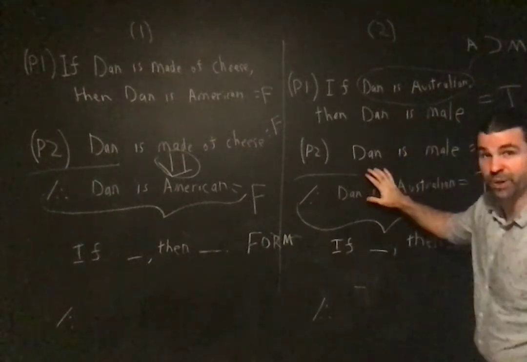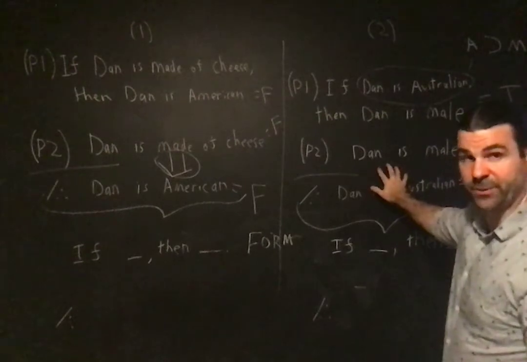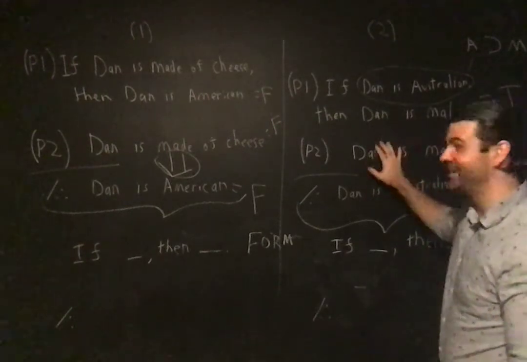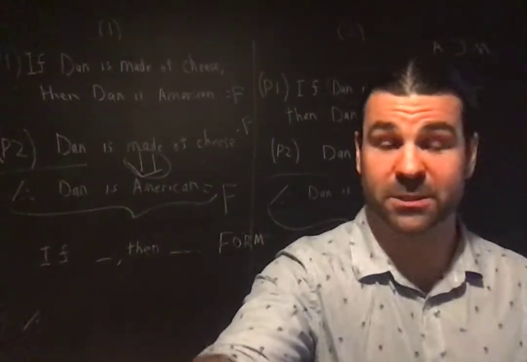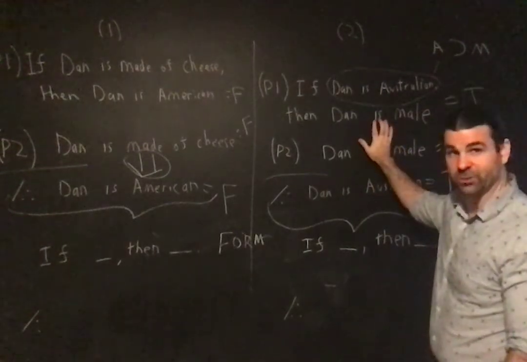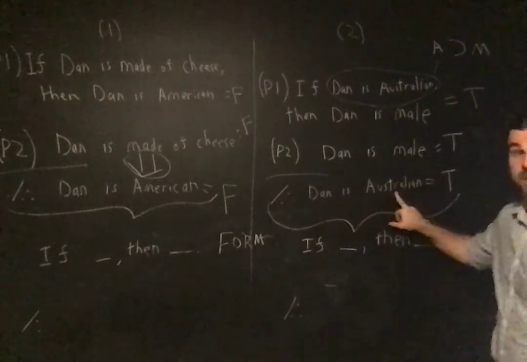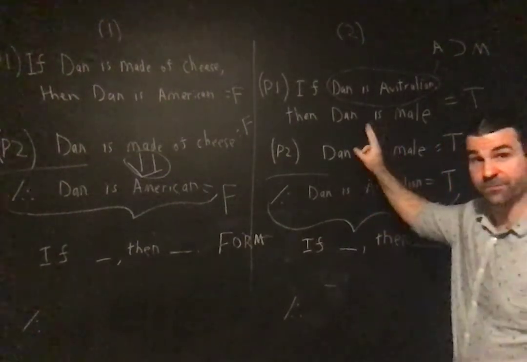The second premise is this very same sentence as the consequent of the conditional. Gotta learn all this lingo. The second premise of this argument is the consequent of the conditional, that is the first premise. And the conclusion of this argument, Dan is Australian, is the antecedent of the conditional, that is the first premise.